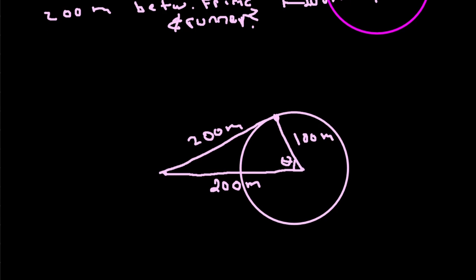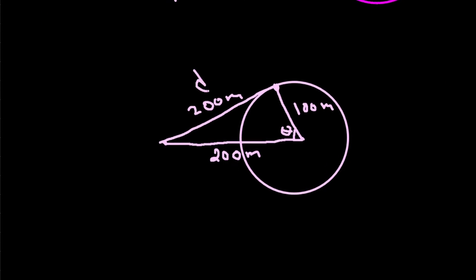So let's write an equation that relates the distance right here. I'm going to write it as d for right now, because that's the variable, the thing that's changing with time. And that's what we're trying to find, the change in distance with respect to time. So I'm going to write an equation that relates d. And there's another variable here, the angle theta that's changing.